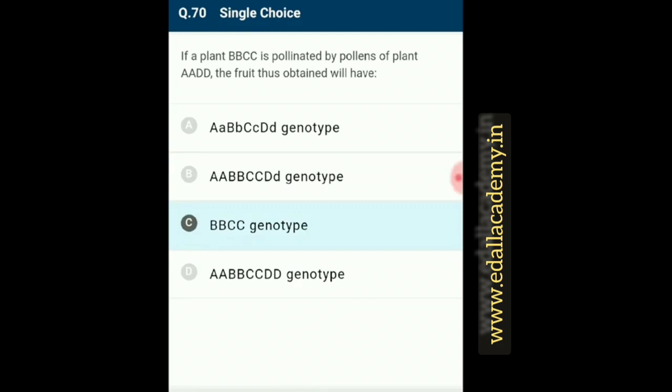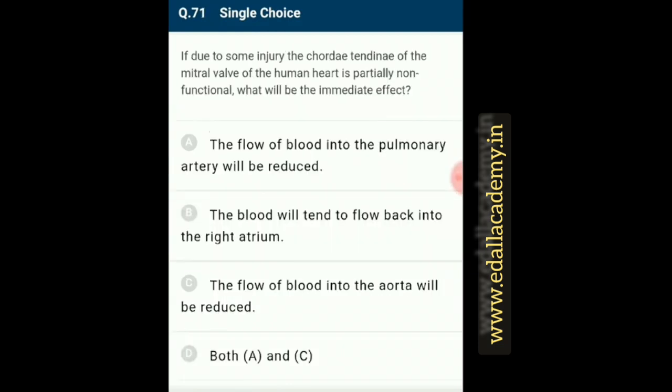That is the genotype. Question number 71. If due to some injury, the chordae tendineae of the mitral valve of the human heart is partially non-functional, what will be the immediate effect? The chordae tendineae are commonly referred to as the heartstrings since they resemble small pieces of string. Functionally, the chordae tendineae play a vital role in holding the atrioventricular valves in place while the heart is pumping blood.